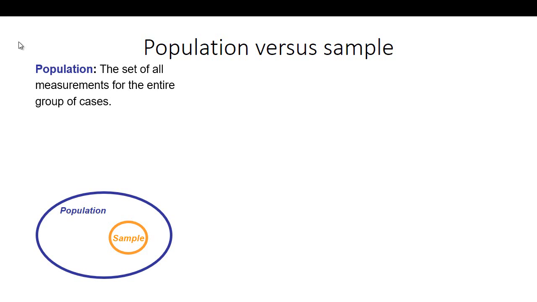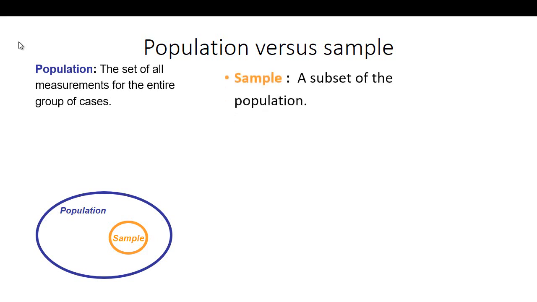So for example, let's say we are looking at whether voters prefer or favor President Trump in the 2020 election. In that case, the population would be the set of all responses of all the voters in the United States.